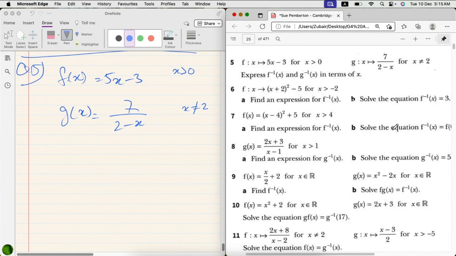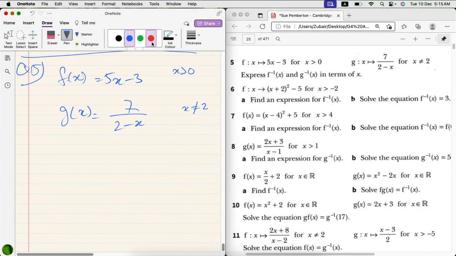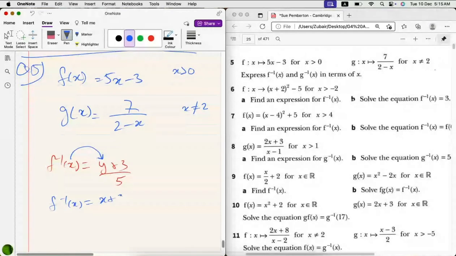So the first one, f inverse x equals y plus 3 over 5? And then the second one, g inverse x equals... If we are writing x, the 2 has to be replaced because we've already substituted it. Oh, so it will be x plus 3. Okay.